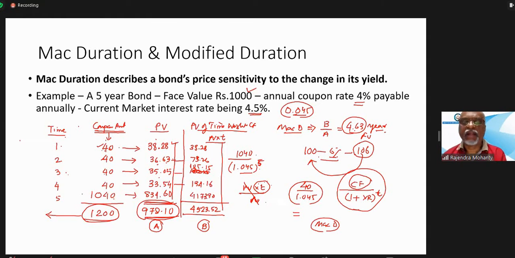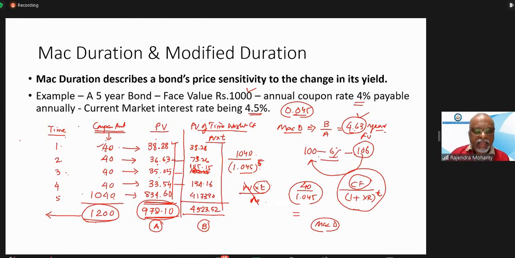The answer is a time period. And it means that if a bondholder is holding this bond, he must wait for a period of 4.63 years to receive the present value of the cash flows at the current interest rate.